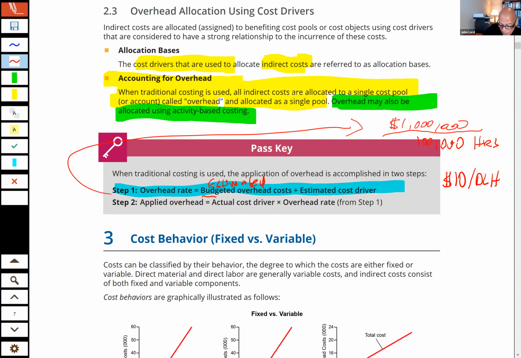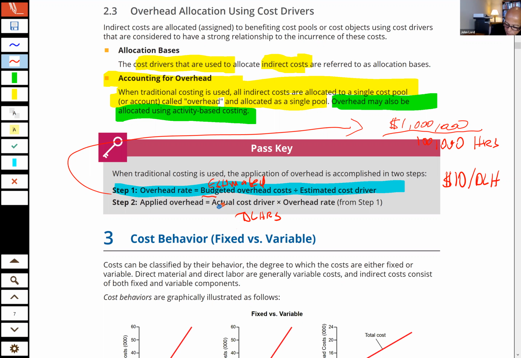And then later in that next year, when they start spending time on a particular job, now they have a way to apply those indirect costs to the job. And so let's say, not a trick question, a job uses what? 5 direct labor hours. Okay, uses 5 direct labor hours.